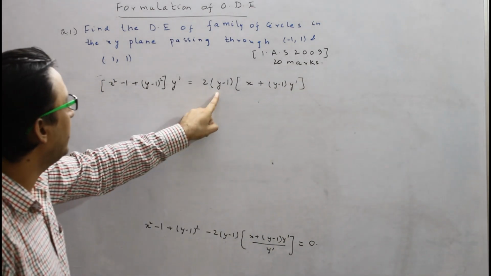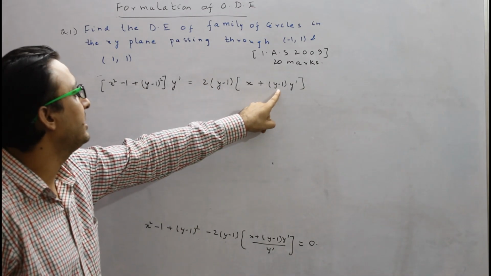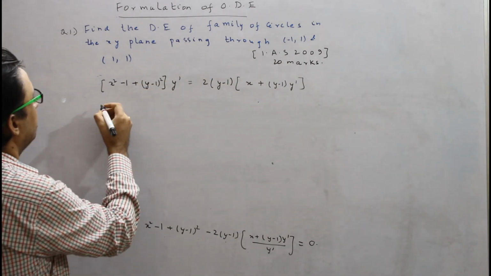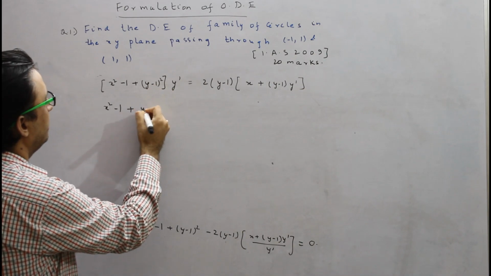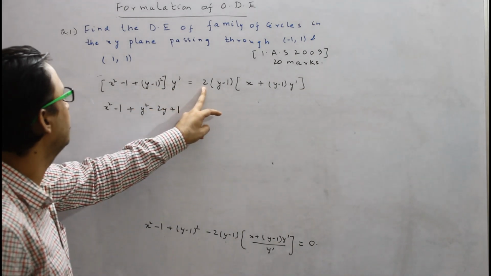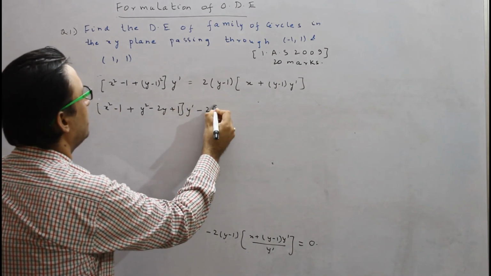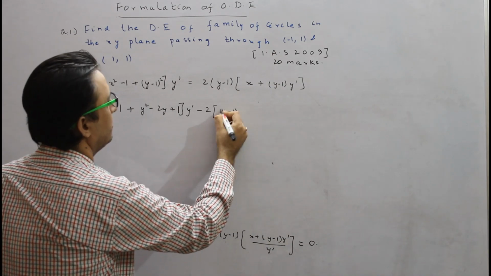Now we can see here (y minus 1) into (y minus 1) is (y minus 1) whole square. So we can take this one on this side. When we are doing it, we will open it up: y square minus 2y plus 1.